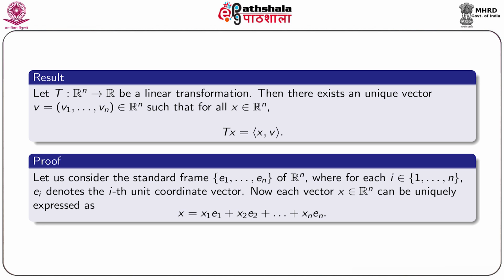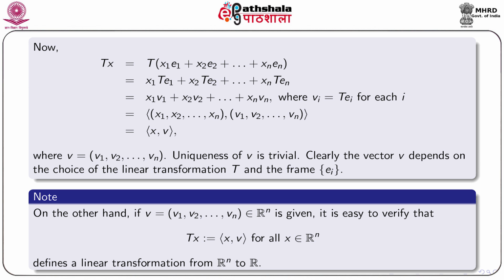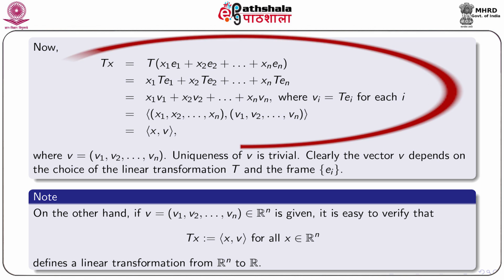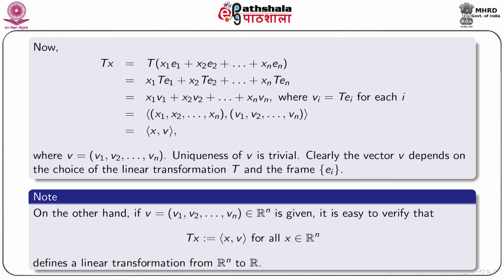So, we can express x equal to x1 E1 plus x2 E2 plus up to xn En. Now, Tx is nothing but T operating on x1 E1 plus x2 E2 plus up to xn En. If we apply the additivity property, then it will be a sum of n many terms. Then we apply the homogeneity. So, finally, we have Tx equal to x1 T(E1) plus x2 T(E2) plus up to xn T(En).